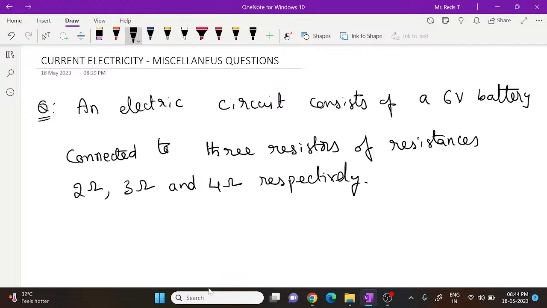Fine. So this is a simple case. Then the questions will be asked based on this simple case like this.